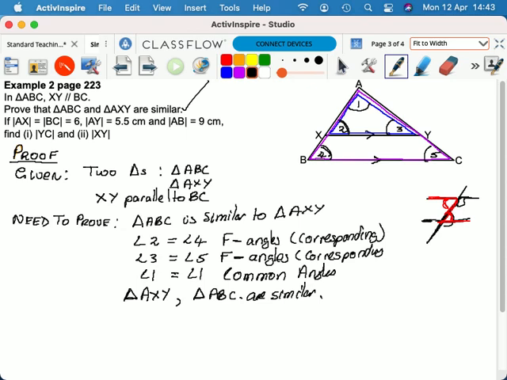But really, that's not good enough. What's the formula for similar triangles? 3 angles in one triangle match 3 angles in the other.